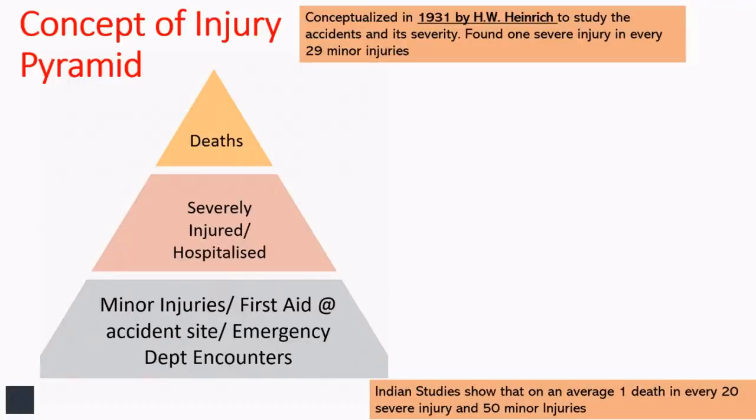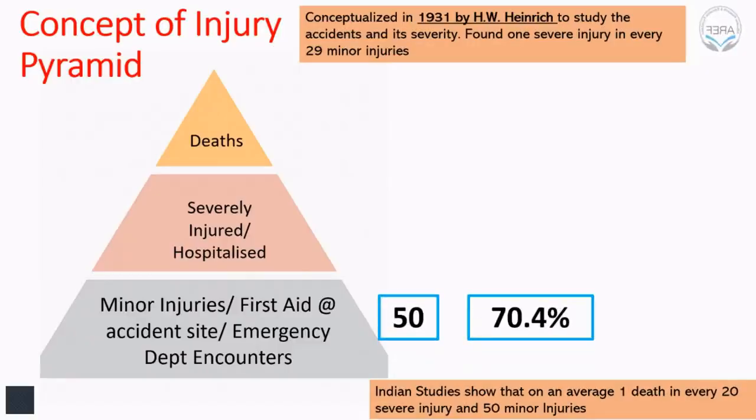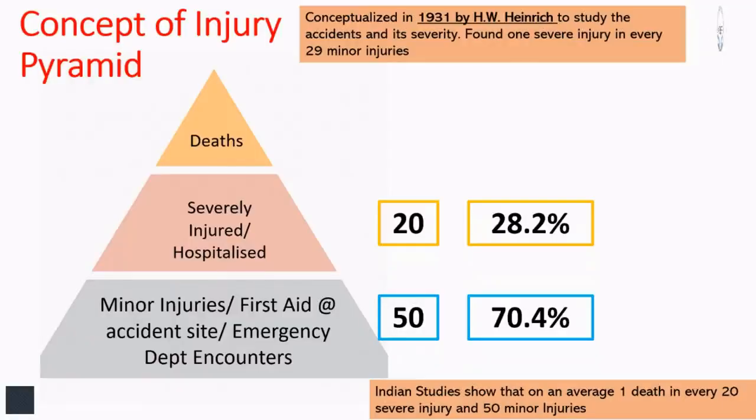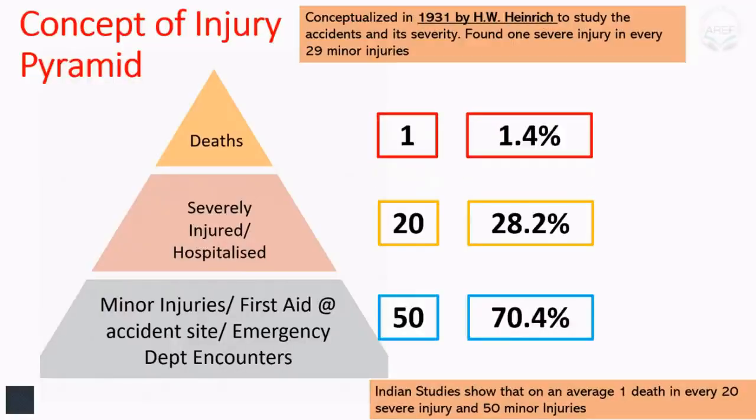In more detail, out of the total injuries, the 50 minor injuries translate to around 70% of the total. 28% of the total injuries fall under the severe category, which requires hospitalization, and 1.4% of injury cases end up with death.